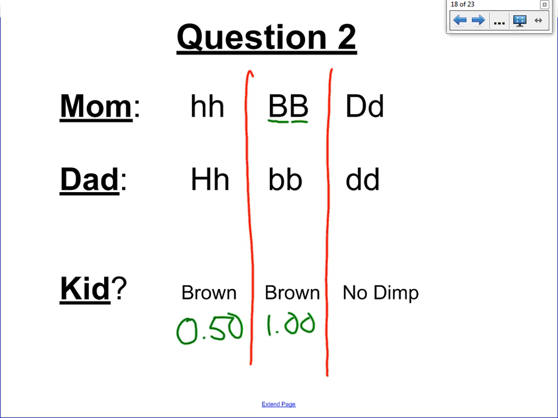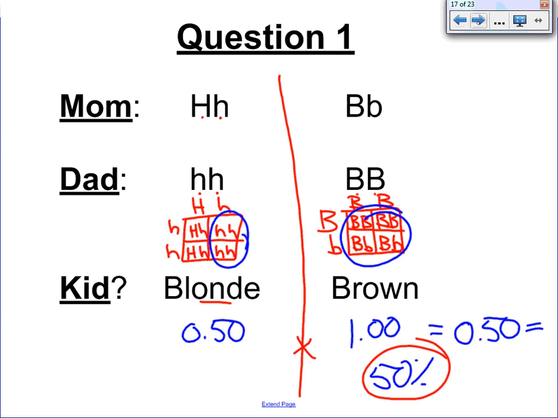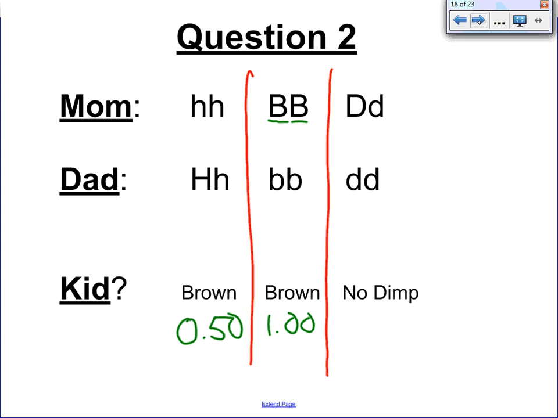Last but not least, let's take a look at the dimples. We have a big D, and a little d. Now, if we remember back, dimples are dominant to no dimples. So having dimples is the dominant trait in this case. So we're looking for the recessive trait because we're looking for no dimples.